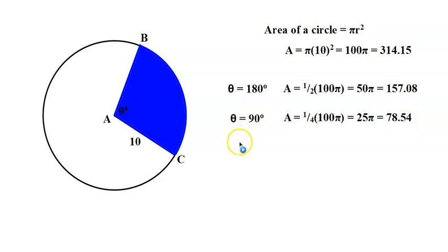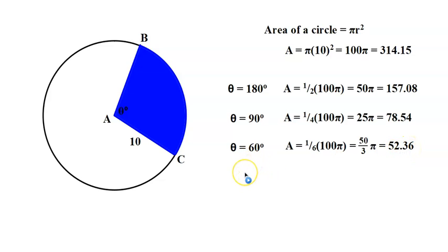We're looking for patterns so we can figure this out. Let's do another one. Let's do 60 degrees. 60 would be 1/6 of a circle, right? So if it's 1/6 of a circle, then we can do 1/6 times 100 pi, the area of the circle, which gives me 50/3 pi if you want it in fraction form, so it's an exact answer, or approximately 52.36.